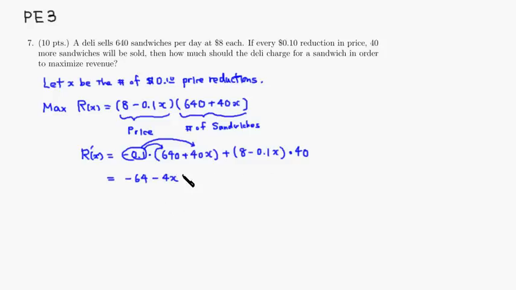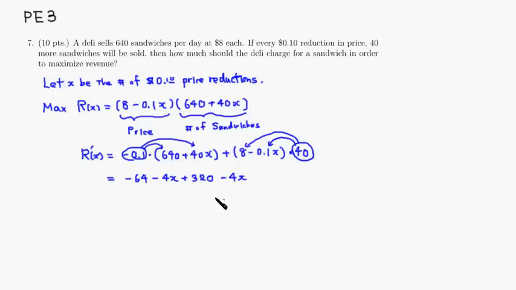Plus, distribute 40 to 8, that would be 320, and 40 to negative 0.1x would be negative 4x.